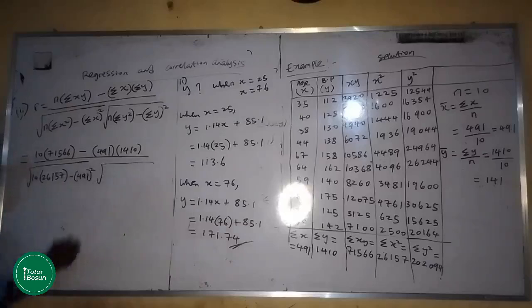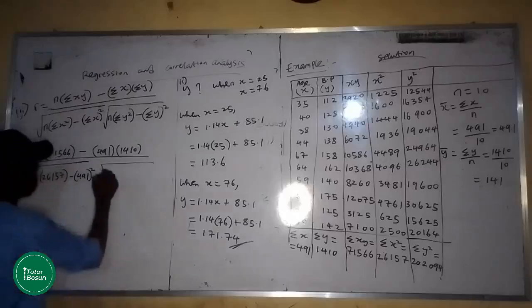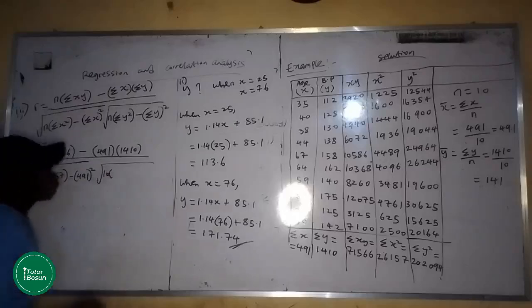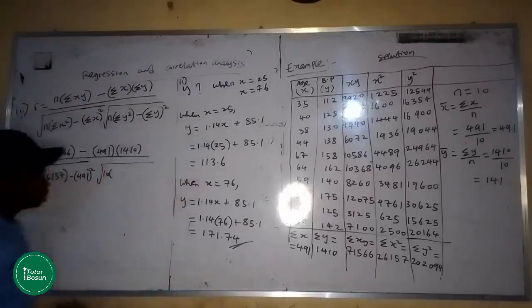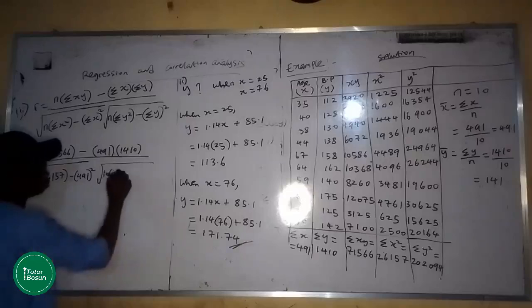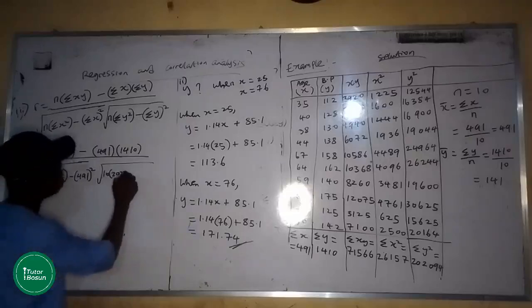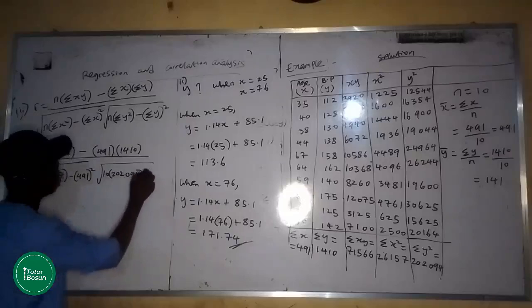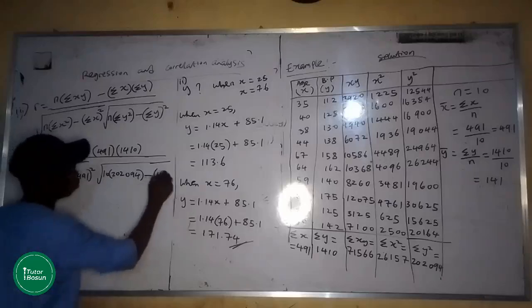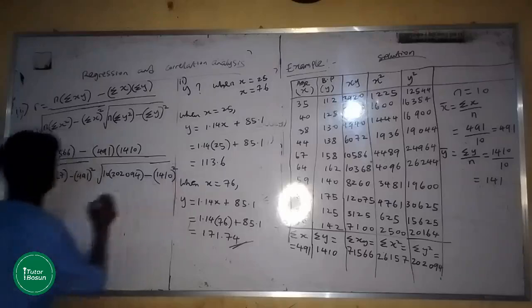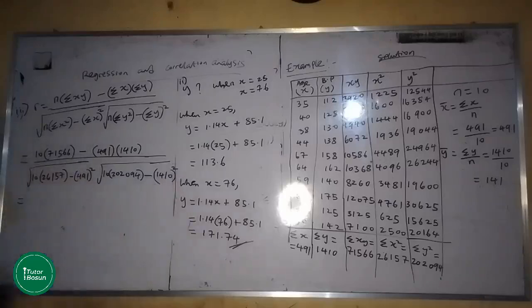Square root of n, that's 10 times summation y squared, which is 2094, minus the square of summation y, 1410 squared. So we can now complete our r.